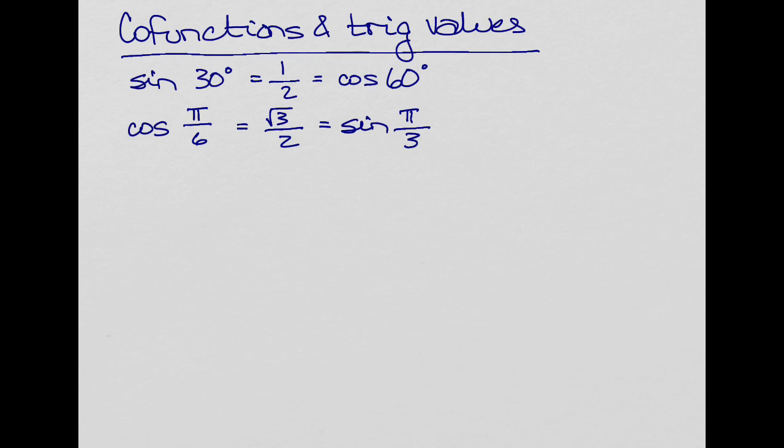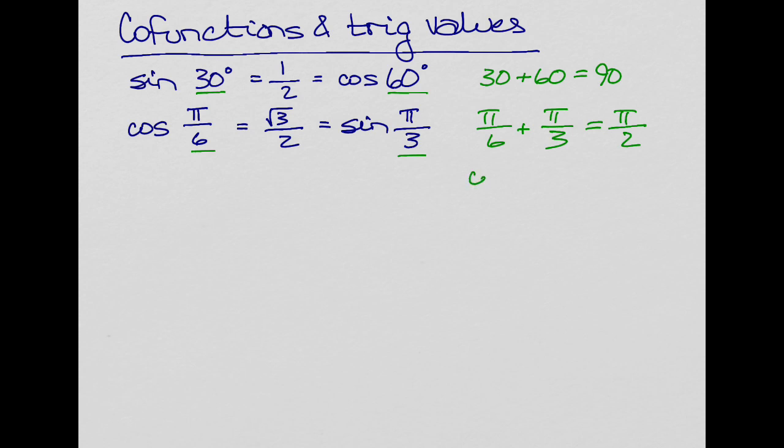You might notice that 30 degrees and 60 degrees, pi over 6 and pi over 3, add up to 90 degrees, or pi over 2, which is the same thing, which makes those two angles complementary.